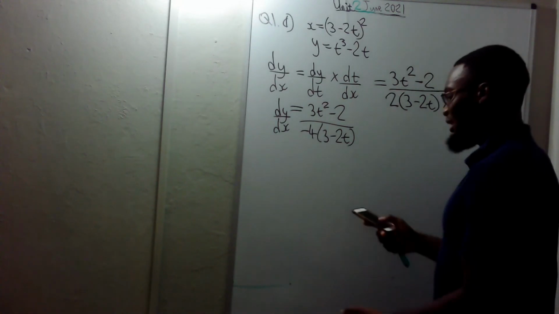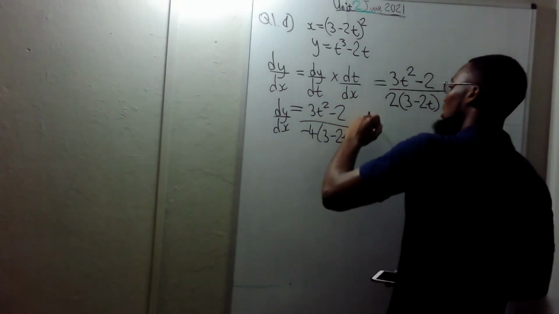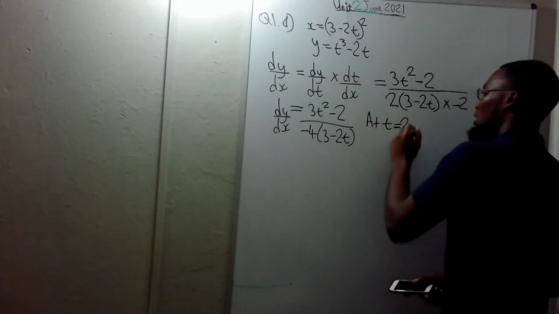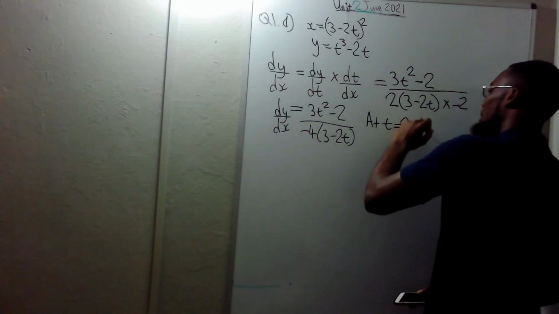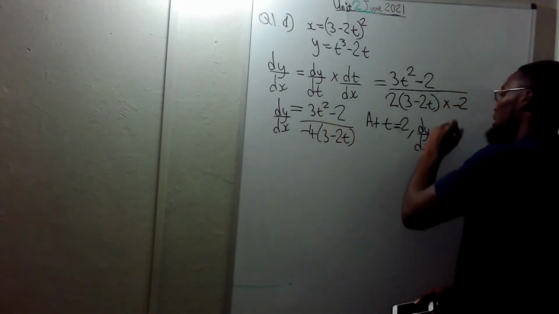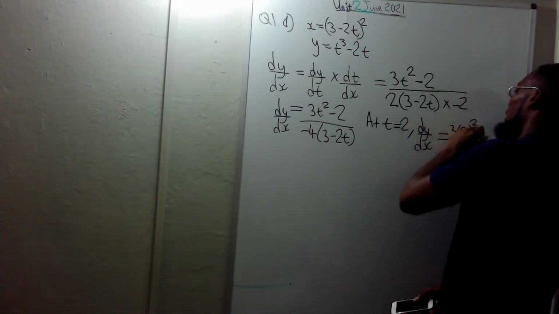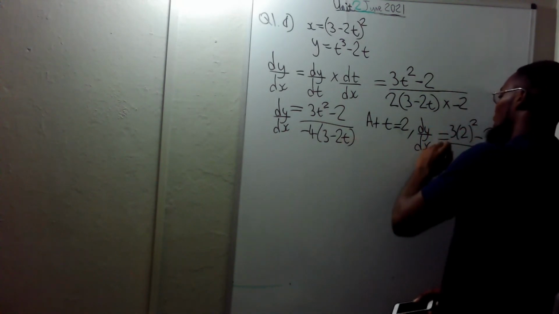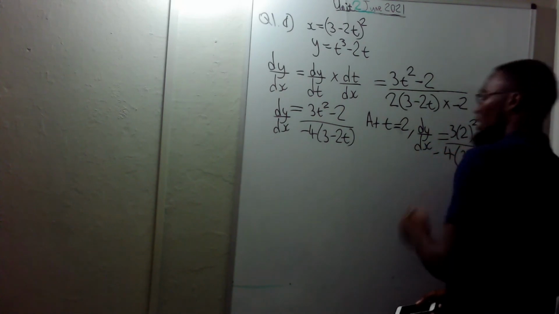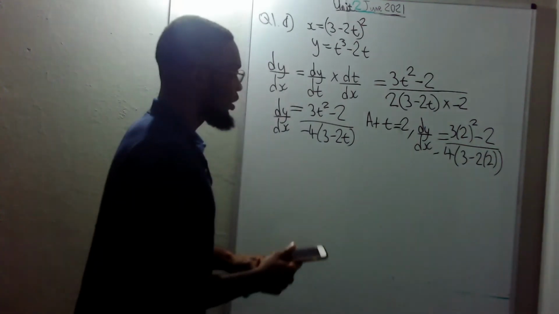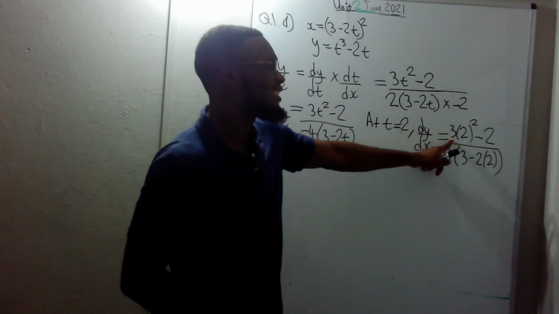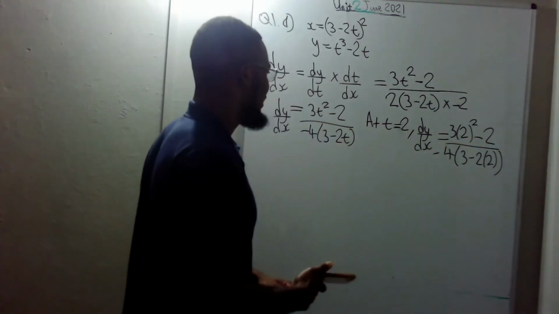Now they want the gradient at t equal 2. So at t equal 2, we know that the gradient dy by dx is going to be equal to, plug in 2 in here, 3 times 2 squared minus 2 over negative 4 times 3 minus 2 times 2. 2 squared is 4. 4 times 3 is 12. 12 minus 2 is 10.